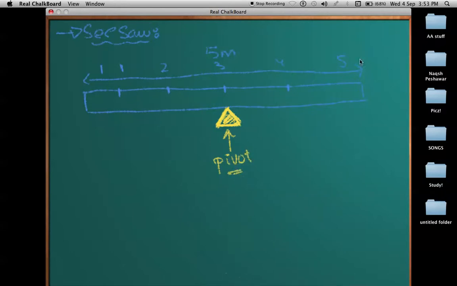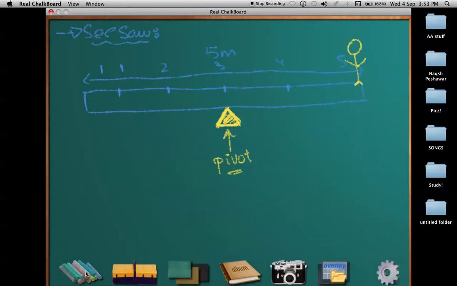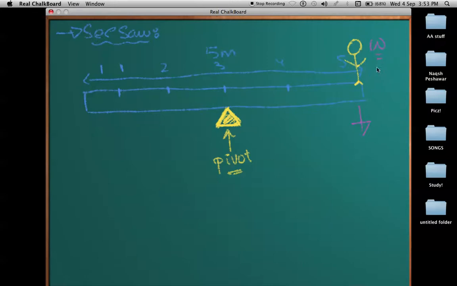So let's say this is the pivot, and one of my friends decides to sit here at this mark, and let's say he's a heavy guy and his weight is around 200 newtons, just a random number, 200 newtons.